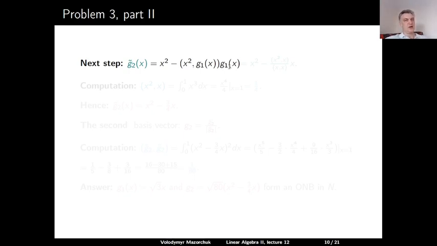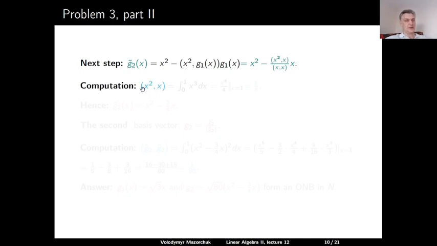But we know that g1 is x divided by the length of x, so we can rewrite it as x squared minus x with the coefficient, the fraction, where the numerator is the scalar product between x squared and x, and the denominator is the scalar product between x and x. And we have computed that the denominator is 1 divided by 3. So let's compute the numerator.